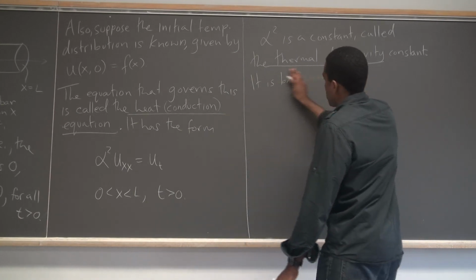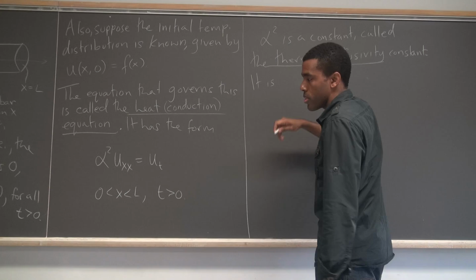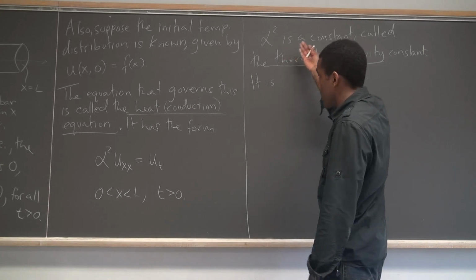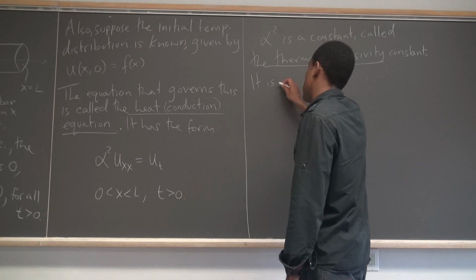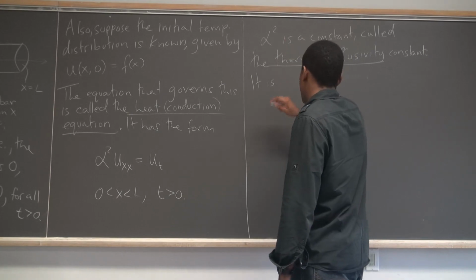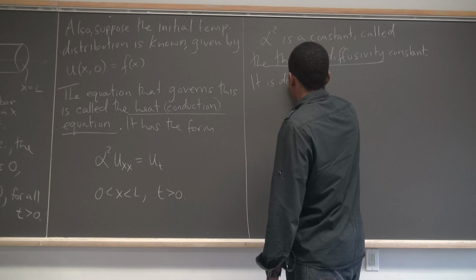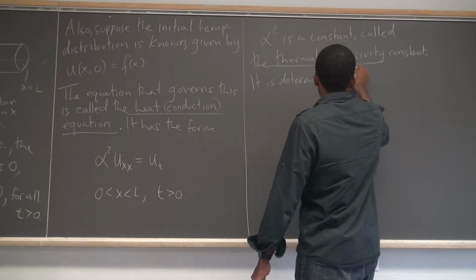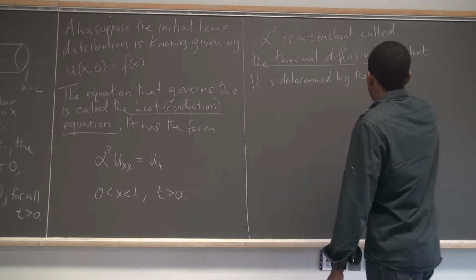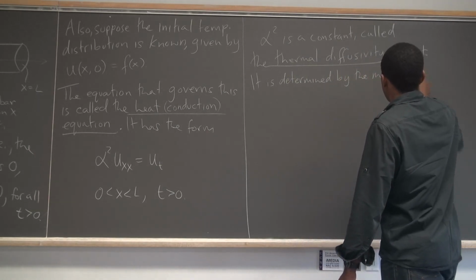It is determined by the material. Different materials will have a different alpha squared. You don't have to figure this out. We'll give you alpha squared whenever it's necessary. It is based on the physical properties of the material.